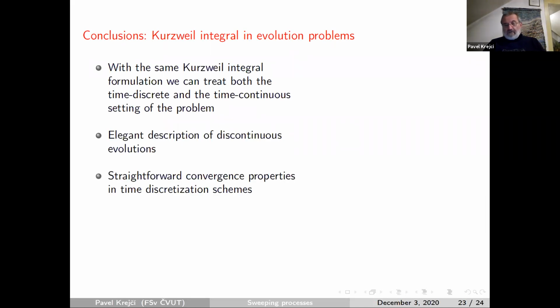We have straightforward convergence properties in time discretization schemes. When you combine PDEs with hysteresis and do time discretization, it is very convenient to use the Kurzweil integral formalism as well.